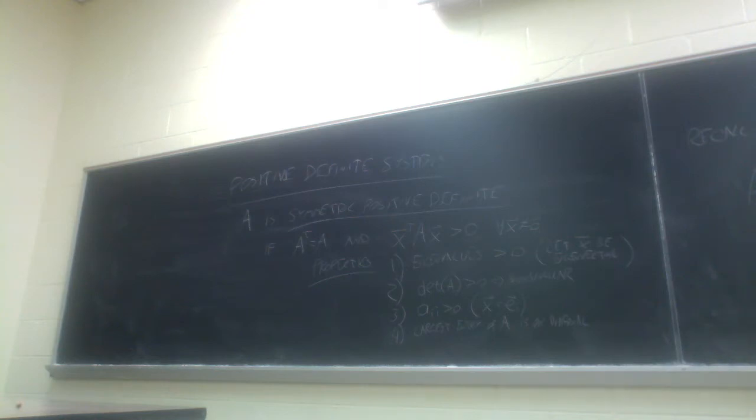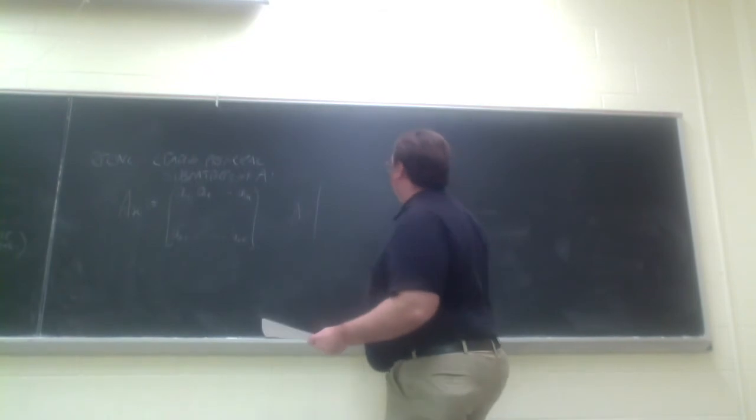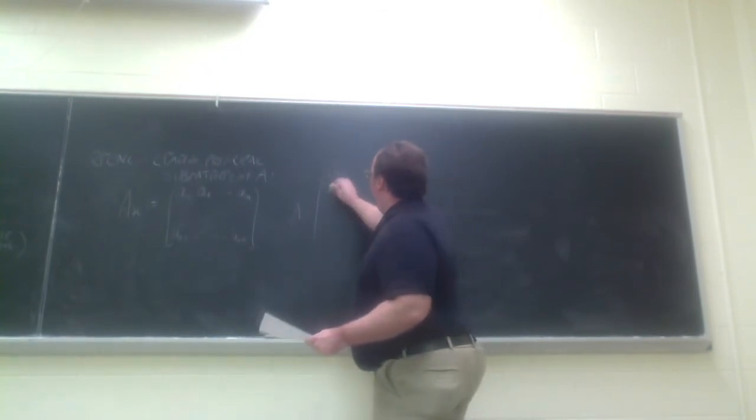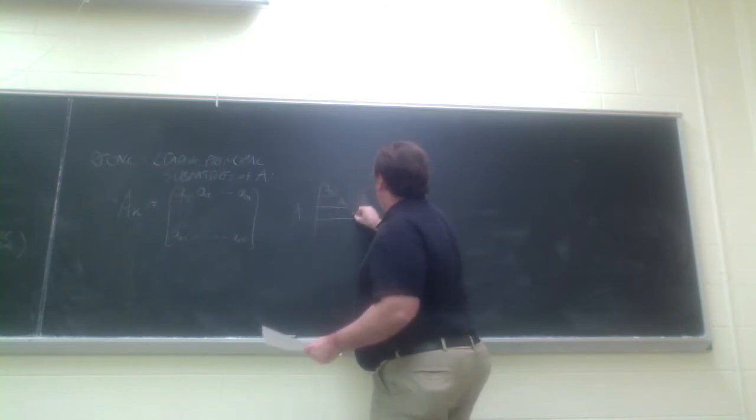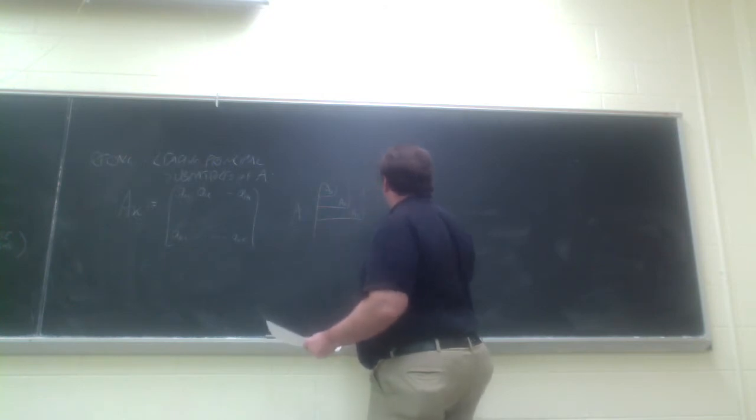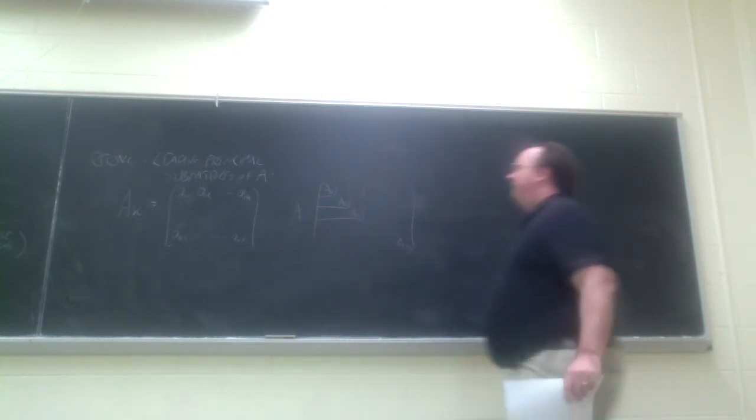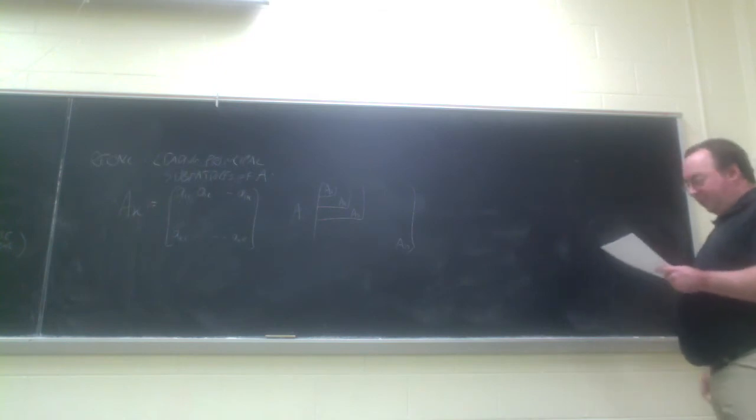If this is your entire matrix, then A1 would just be your A11 entry, A2 is your 2 by 2 block, and so on. Then your entire matrix would be A_N. Those are the leading principal submatrices.